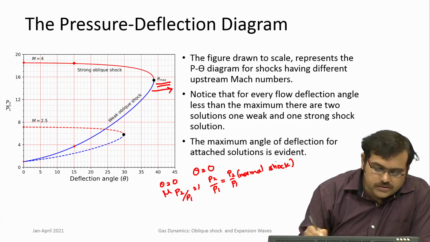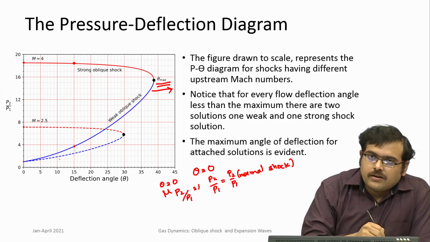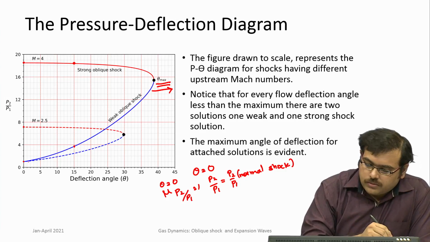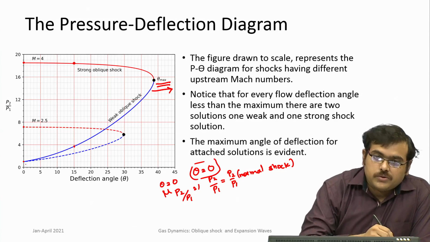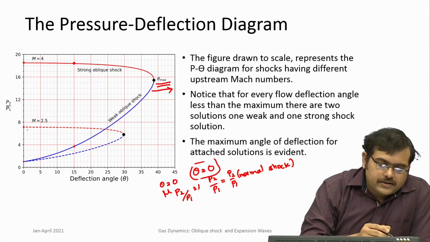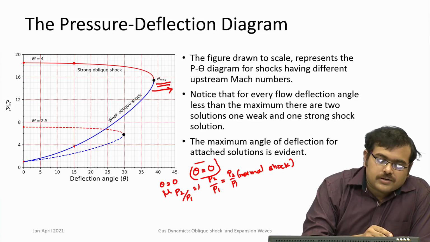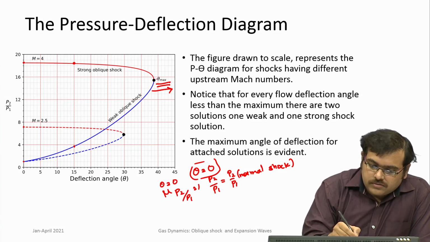So, one should be aware of these when one looks at oblique shocks. So, even for angle theta equal to 0, you can see there are two solutions. One is a Mach wave, the weakest possible oblique shock, and the other one is the strongest possible oblique shock, that is a normal shock. And the maximum angle is represented here.